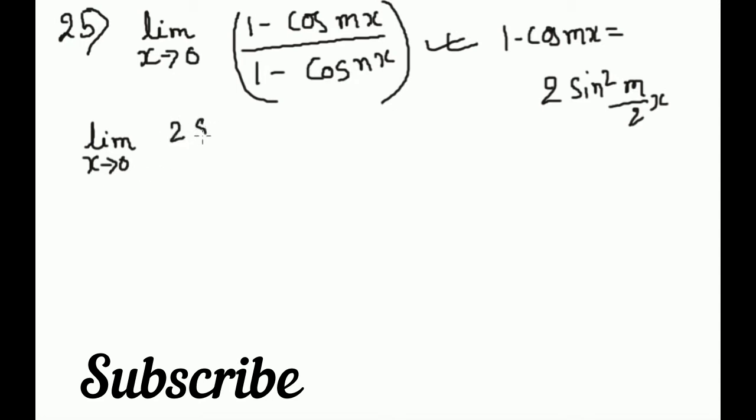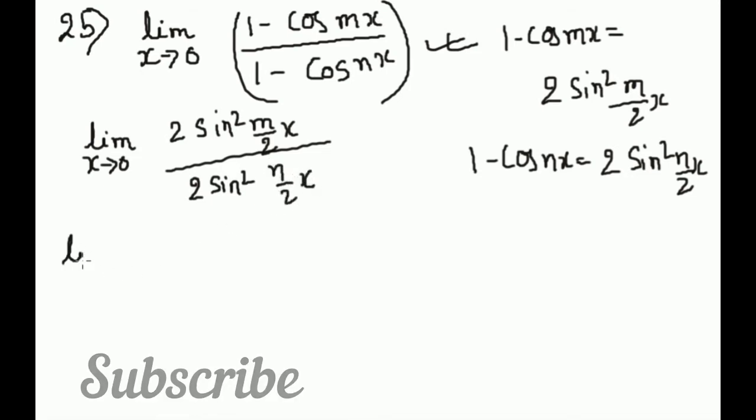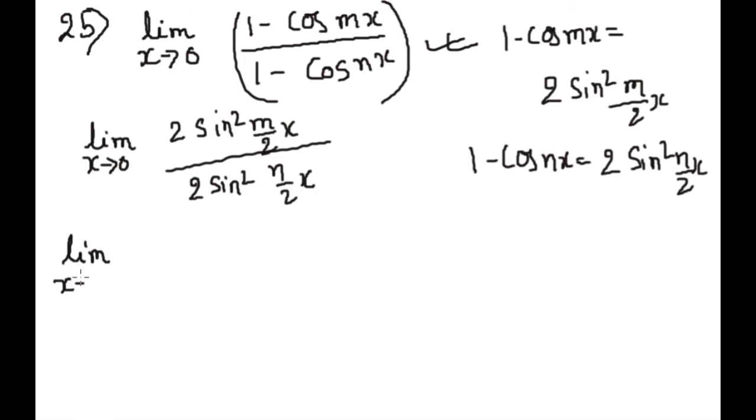So 2 sine square m by 2x, and 1 minus cos nx, we can write this 2 sine square n by 2x. So limit of x tends to 0, this 2 cancels.